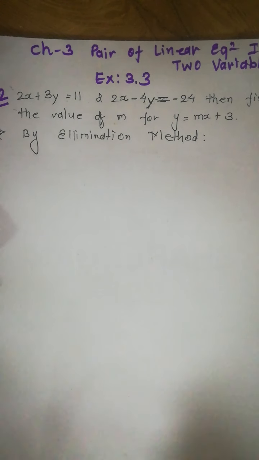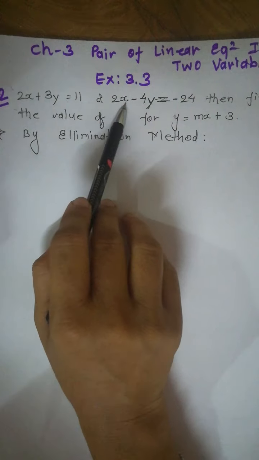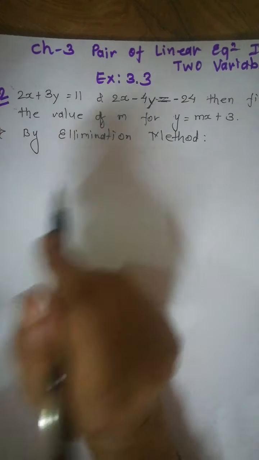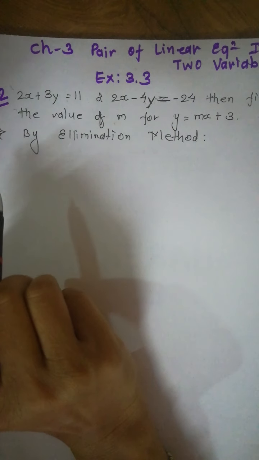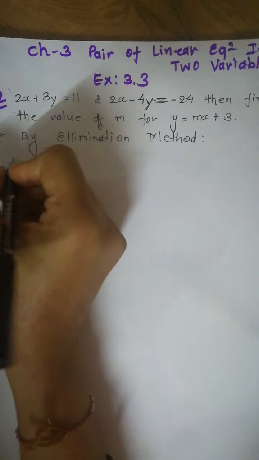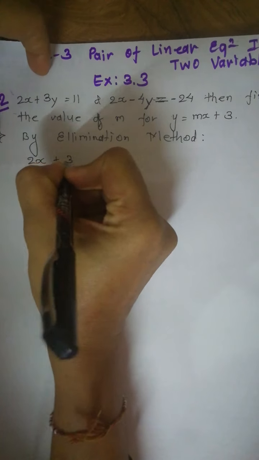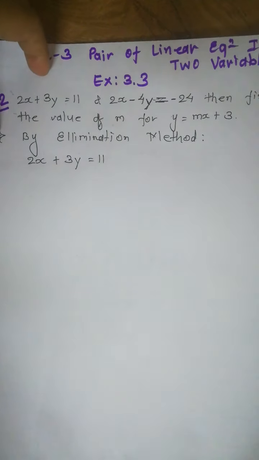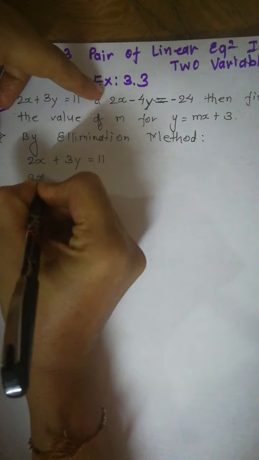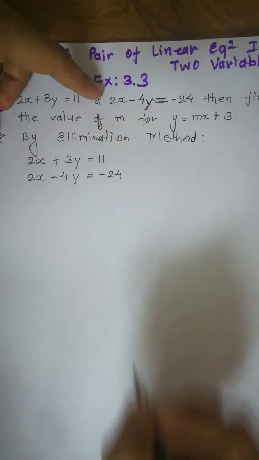But in this case, the variable x has the same coefficient, 2x and 2x, and the same sign, so we have to subtract them. Let's check how. First we write equation 1, 2x plus 3y is equal to 11, as it is, and equation 2, 2x minus 4y is equal to minus 24.